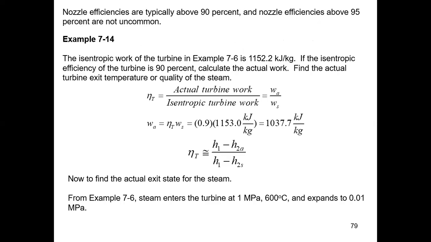Isentropic work for the turbine in example 7.6 is 1152.2 kilojoule per kilogram. If the isentropic efficiency of the turbine is 90%, calculate the actual work. Find the actual turbine exit temperature and quality of the steam. So, adiabatic WA is eta turbine, that's the adiabatic one, times WS.